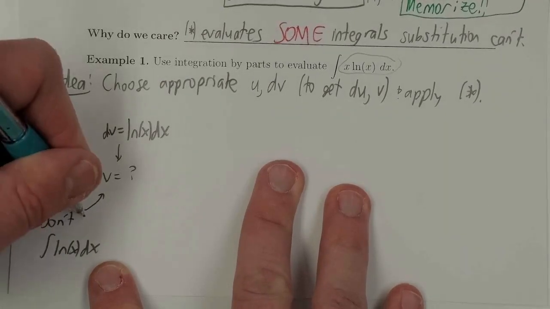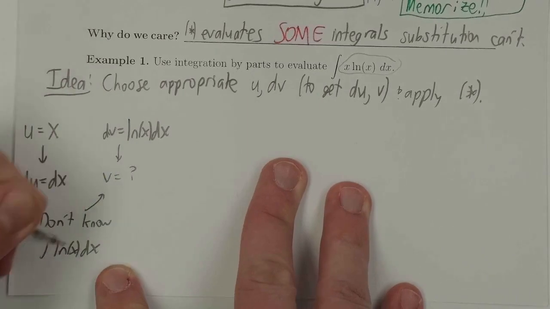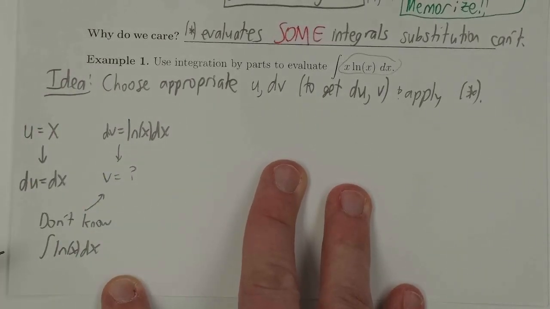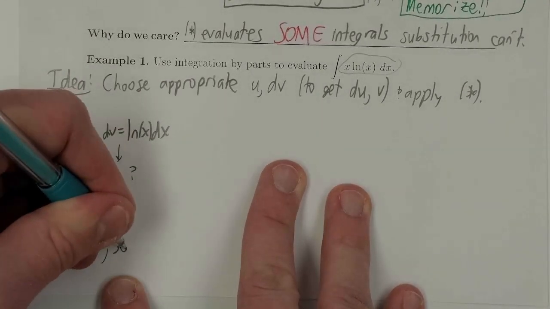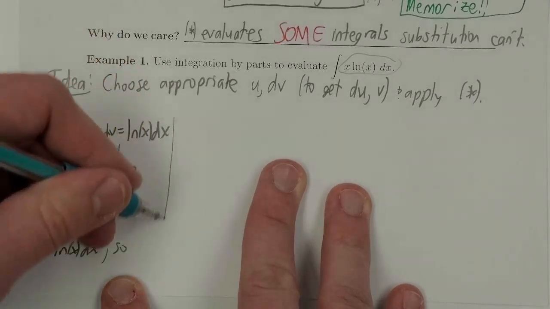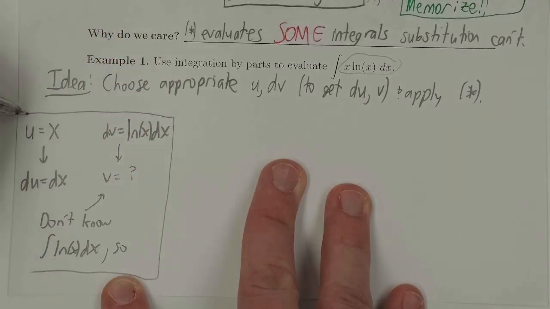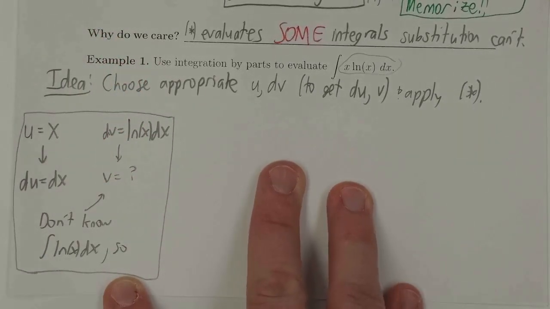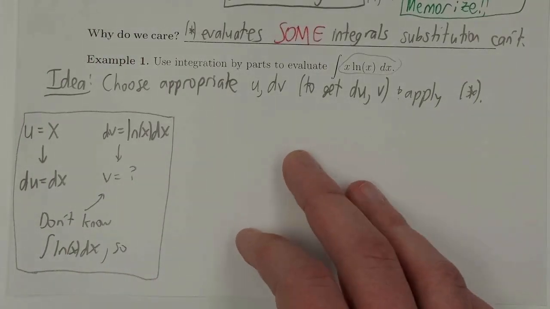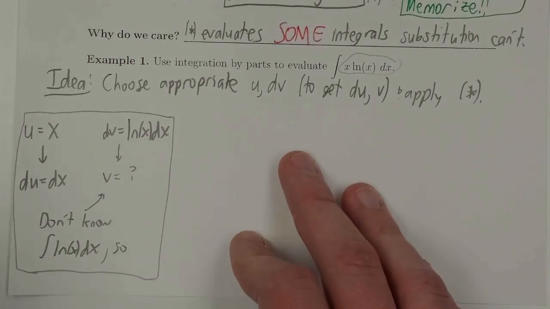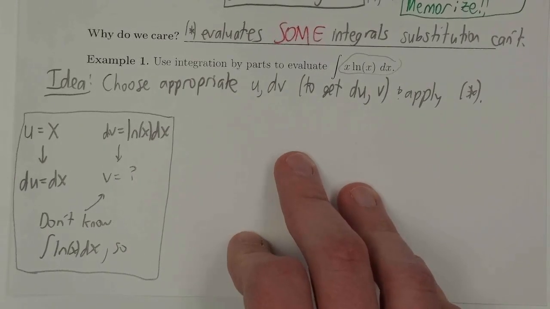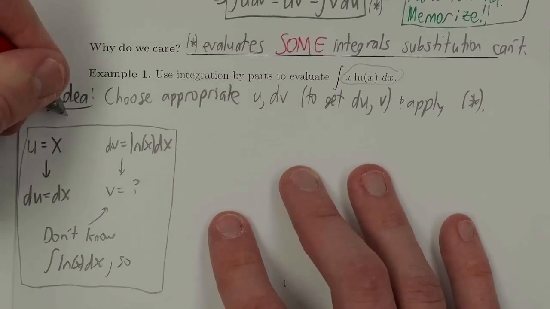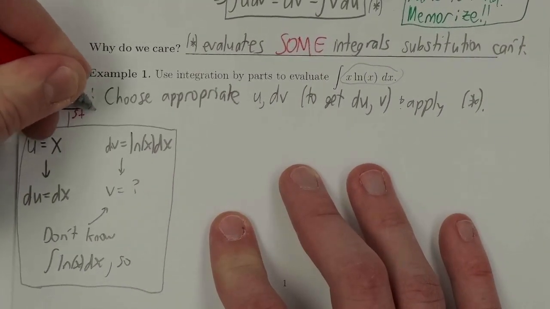So we don't know the antiderivative of natural log of x. So that means u equals x and dv equals everything else is not going to work. All right. So here's our first try.